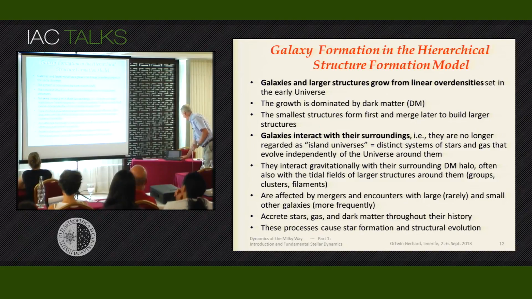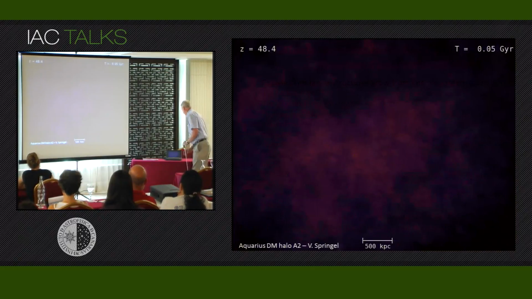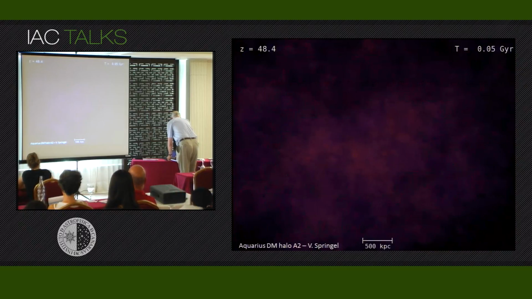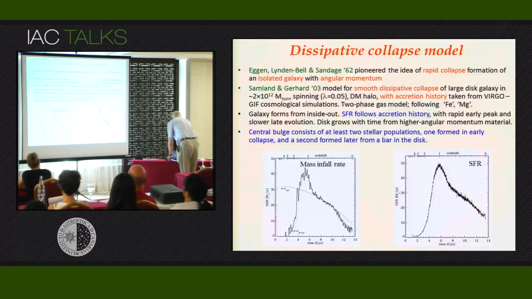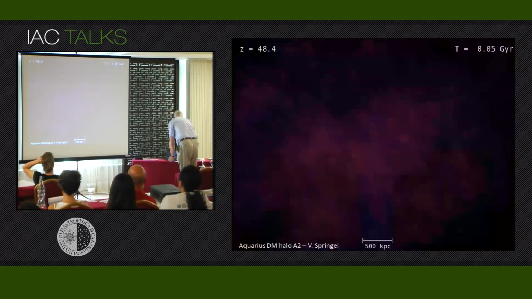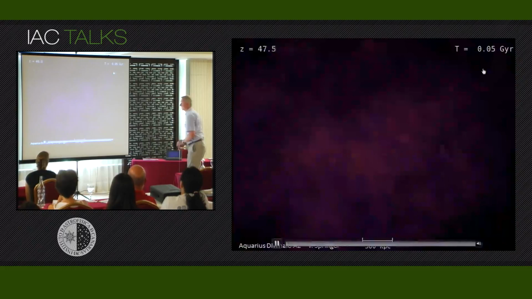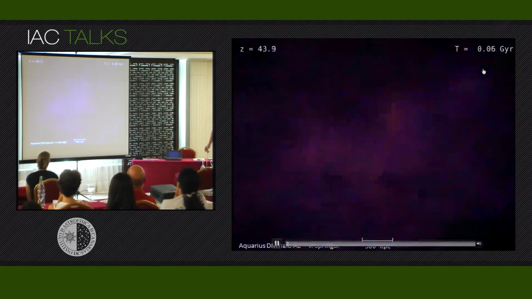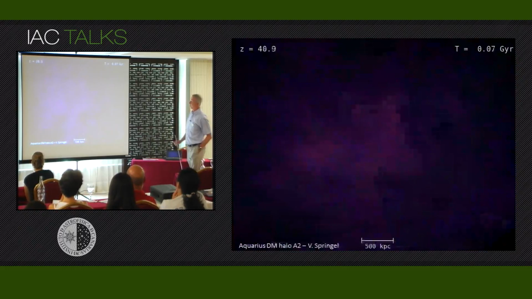Now, I wanted to show you this movie here, let's hope it works. Okay, there we go. It is from Volker Springel and shows one of the Aquarius halos.